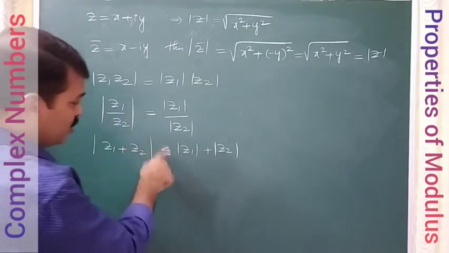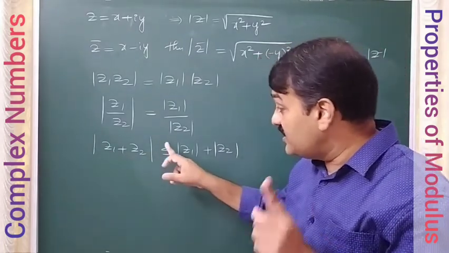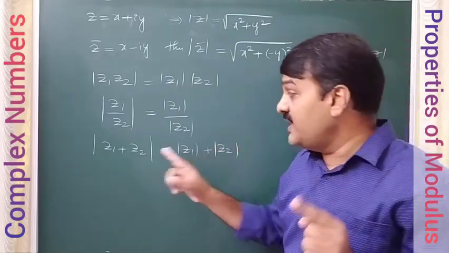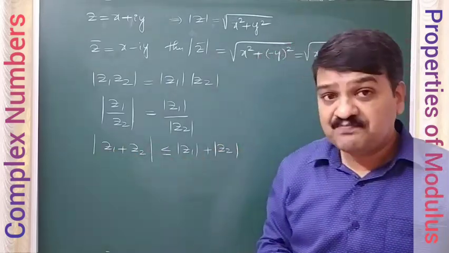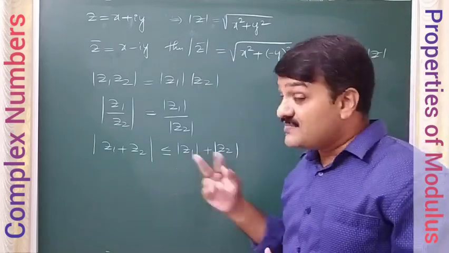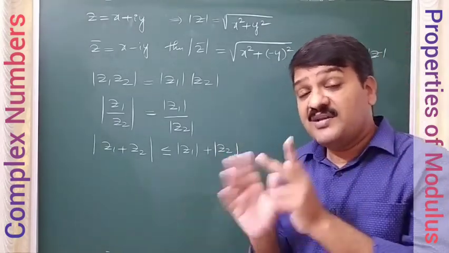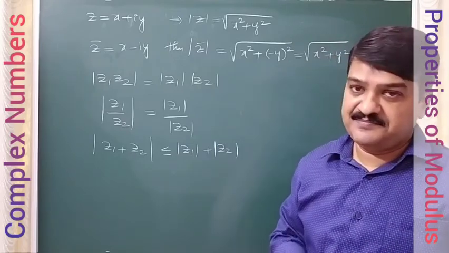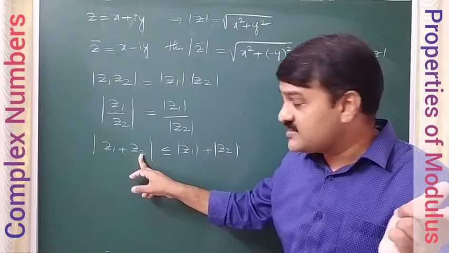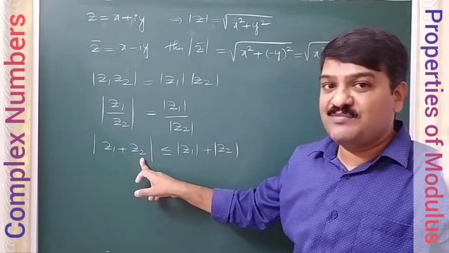Equality, modulus of Z1 plus Z2 equal to mod Z1 plus mod Z2, will come only when Z1, Z2 are either purely real with the same signs, or purely imaginary with imaginary parts having the same signs.